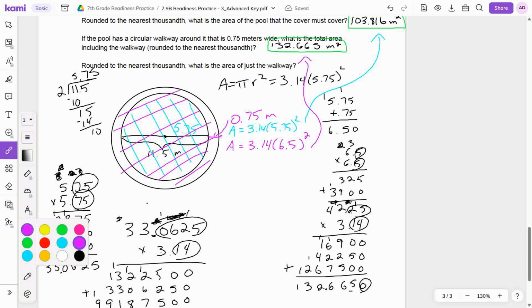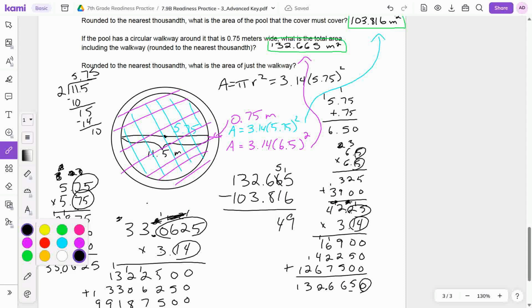So then if I want to find just the walkway, I'm going to take the entire circle, the 132.665, and I'm simply going to subtract the area of the blue, the area that I don't want to count, which is the pool itself. 103.816. If I do that, you know what's left? Just the walkway. So it might seem like this is going to be difficult, but this is actually the most simple calculation we've done because we're just doing simple subtraction.